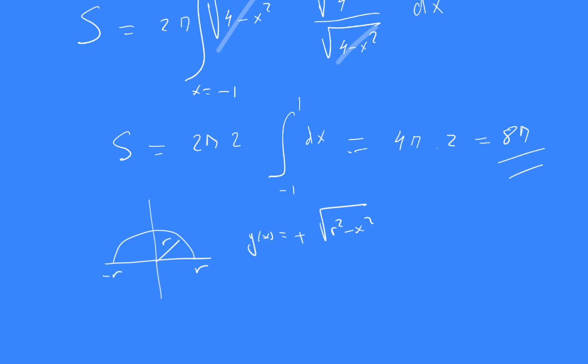This is x equal minus r. Can I revolve through the x-axis and find the surface area of the sphere that will be generated by revolving the function y of x equal the square root of r squared minus x squared?